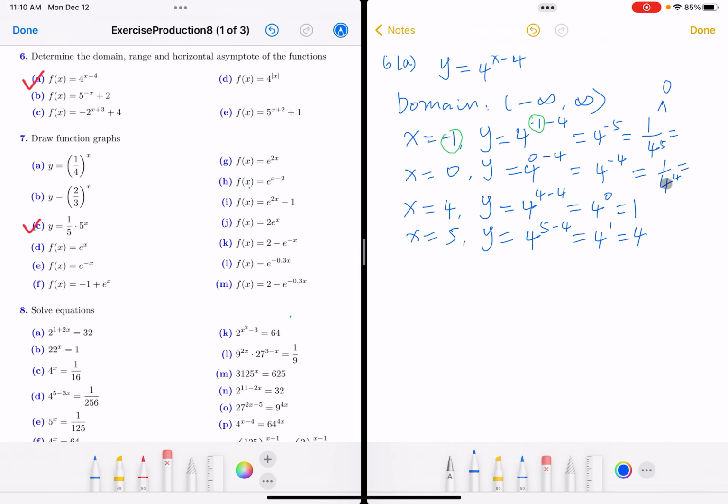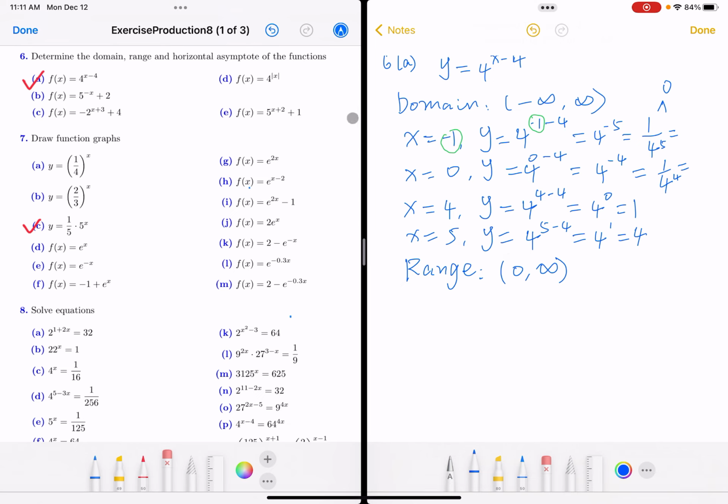You still get positive. This value is positive. Of course, you put positive there, you all get positive. This tells us the range is from 0 to positive infinity. Remember, 0 is not included. That's why we write round bracket.